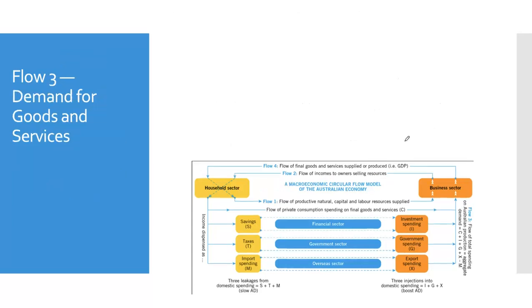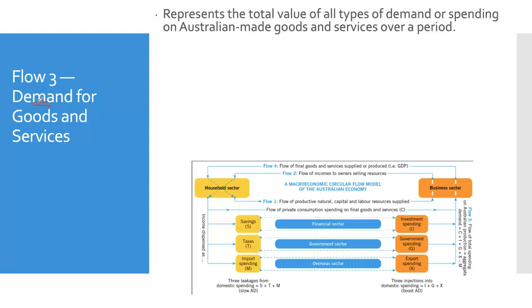Then we come to flow 3. Flow 3 is where households demand goods or services. This represents the total value of all the types of demand for spending on Australian-made goods or services. And you can see it's here.